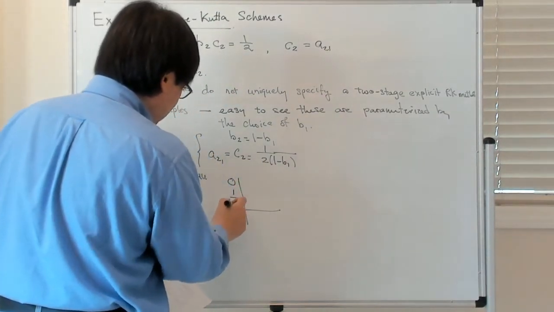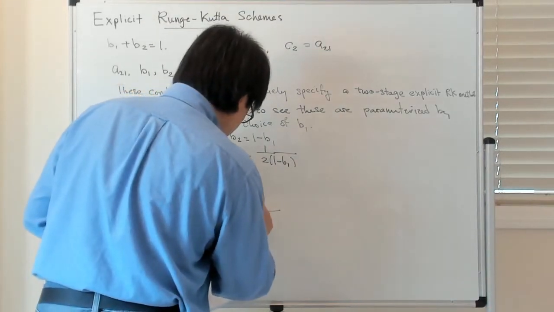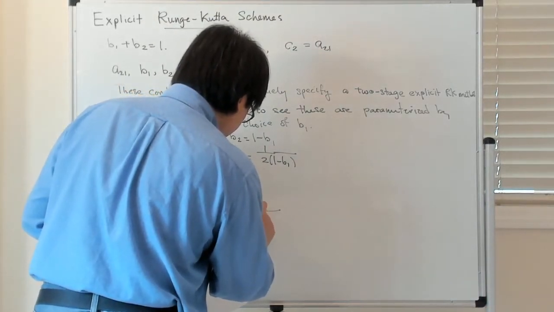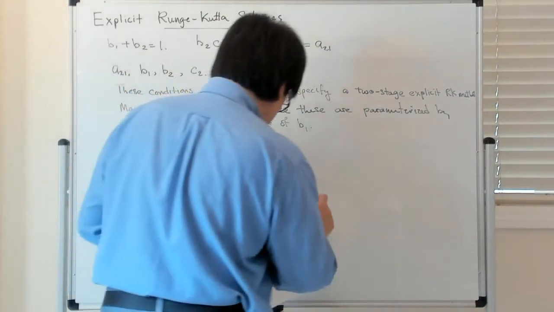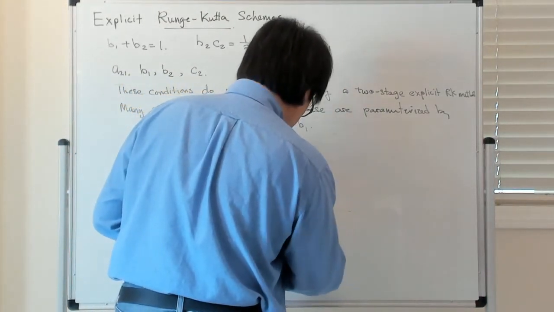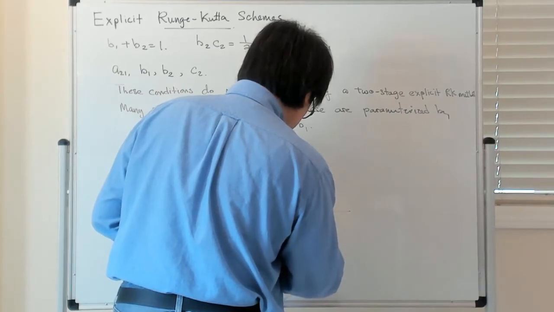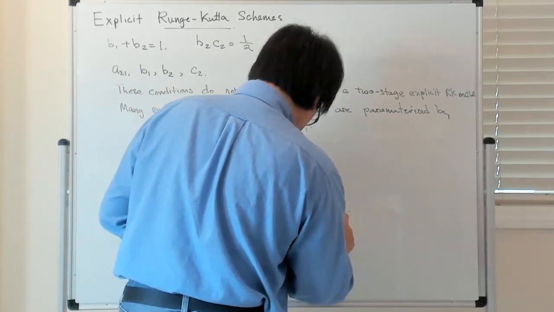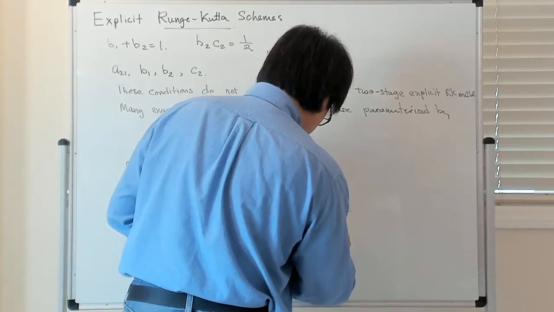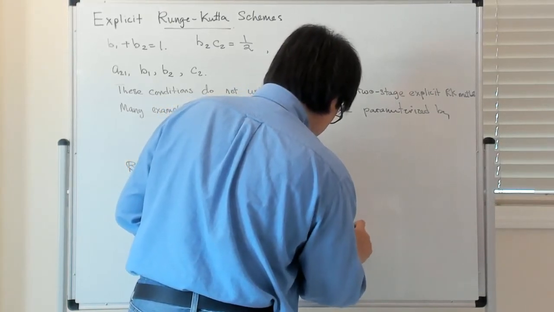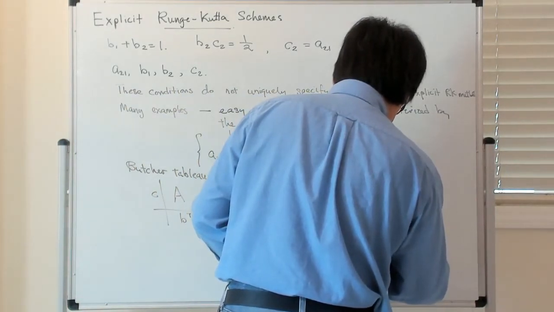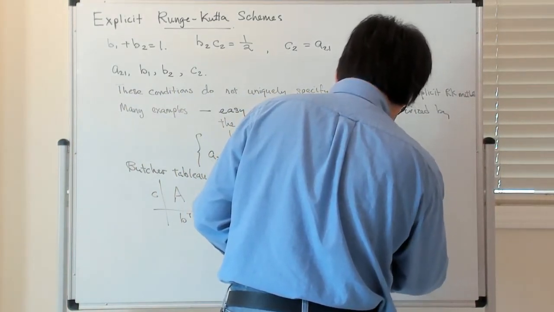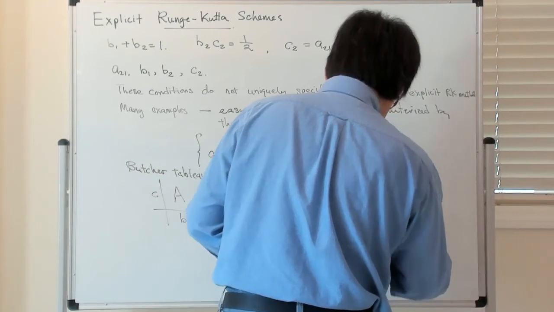So you have a method which looks like this. You have a method which looks like 0, 2/3, 2/3, 1/4, 3/4. Then you have a method which looks like 1/2, 1/2, 0, 1, 1.